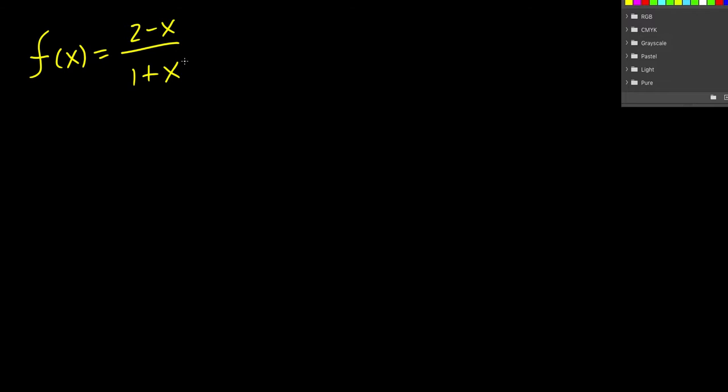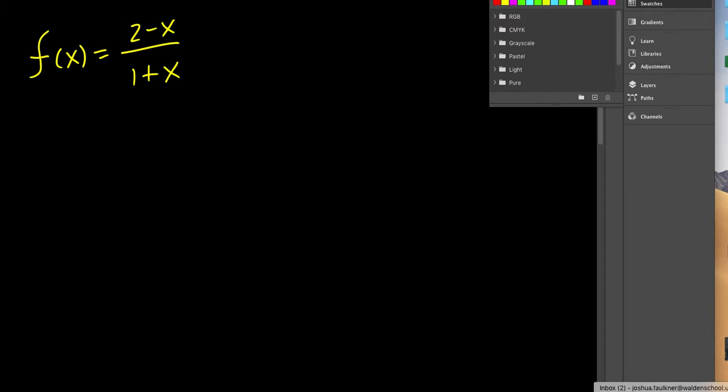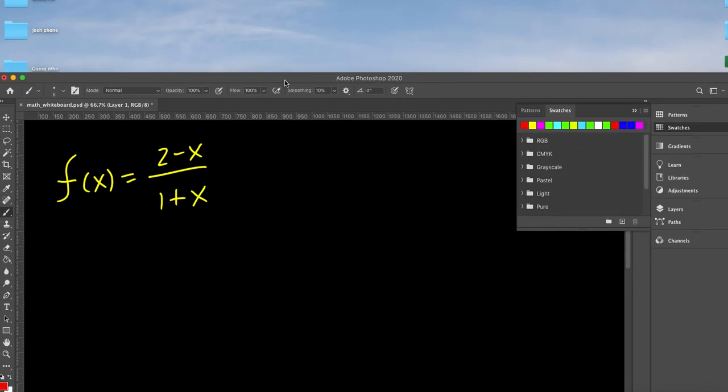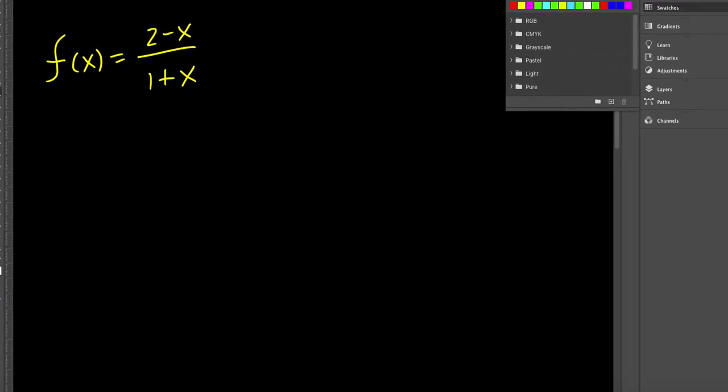Okay. So what we're going to do is probably the best thing to do on this one is to graph it so you can see a visual. So let's go. Well, let's see.